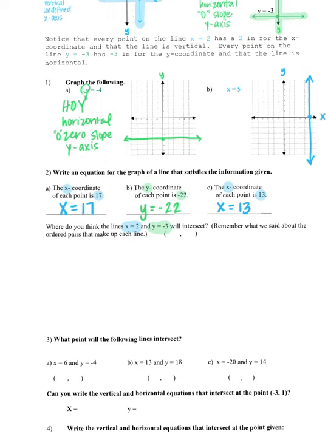When we write a coordinate, let's make it bigger here, coordinates go in parentheses. We have an x and we have a y. So x is 2, y is negative 3. That's the coordinate. That's where those two lines will intersect.